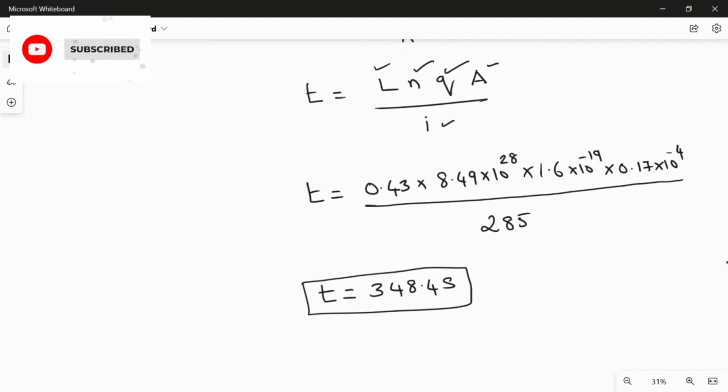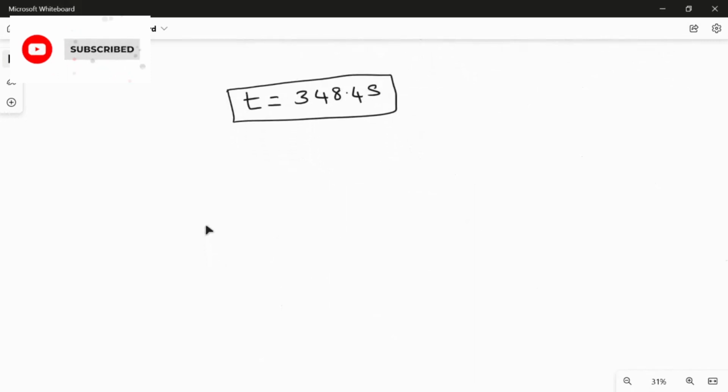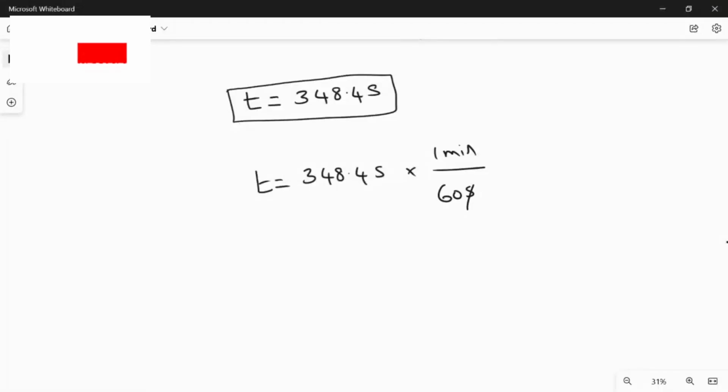Actually, this number is a little bit bigger, so I plan to convert this second in terms of minutes. By that, we will get a clear picture. T is equal to 348.4 second, and in 1 minute there are 60 second. So we can cancel second, and we will get the time in terms of minutes.